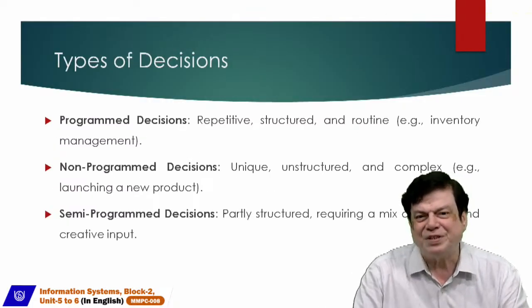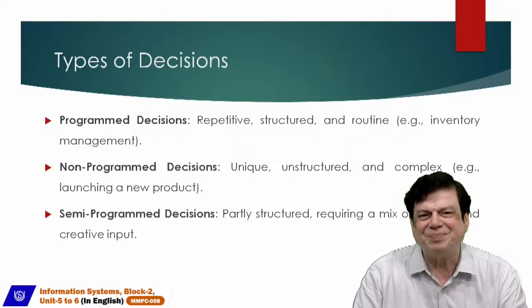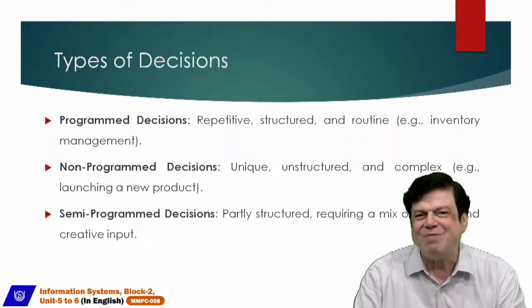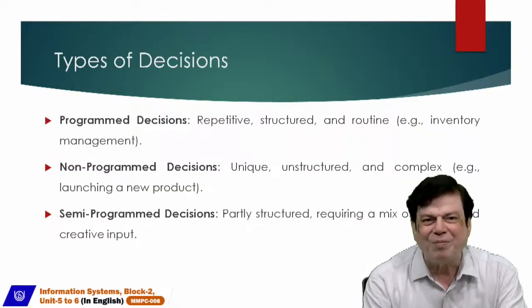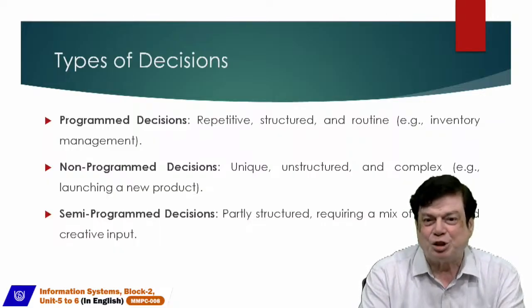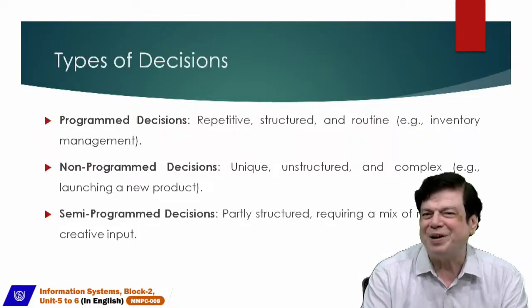Now, types of decisions. First is programmed decision, second is non-programmed decision, third is semi-programmed decision. What is programmed decision? Programmed decision is repetitive, structured and routine. For example, inventory management, raw material management.